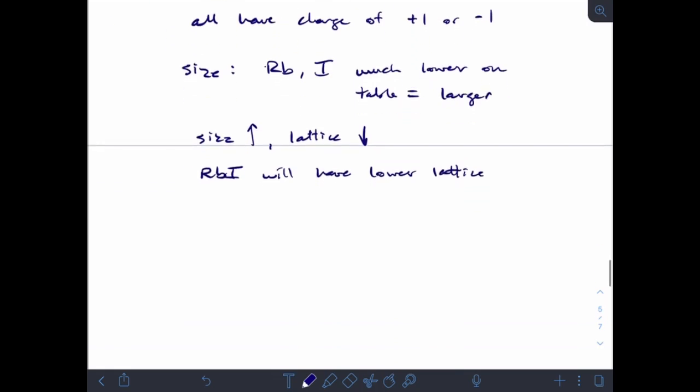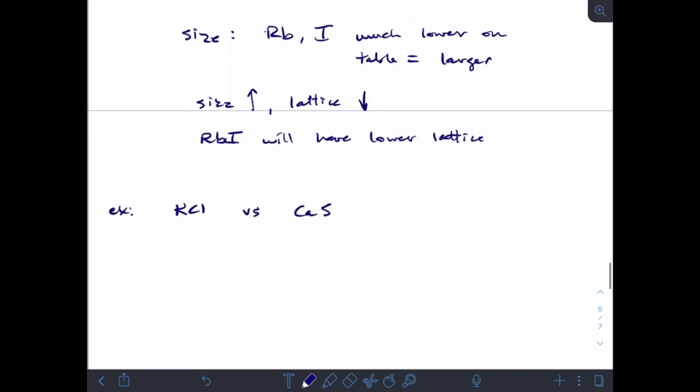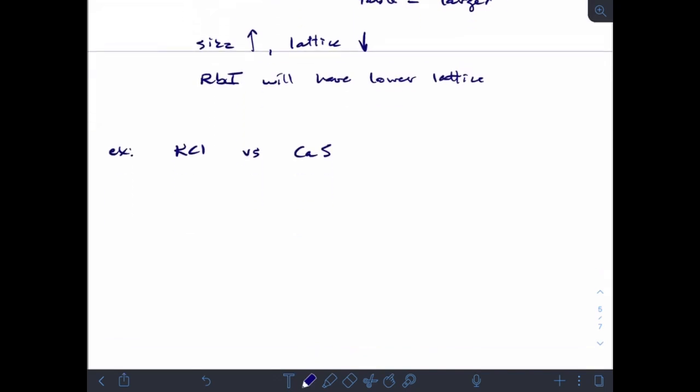Let's compare a couple of different species. Let's compare this time potassium chloride and calcium sulfide. Potassium and calcium are about the same size. They're right next to each other on the table. Chlorine and sulfur are also right next to each other on the table, so they're about the same size.